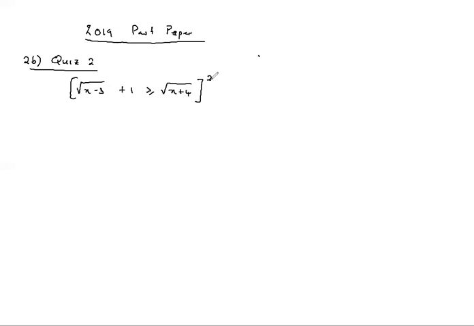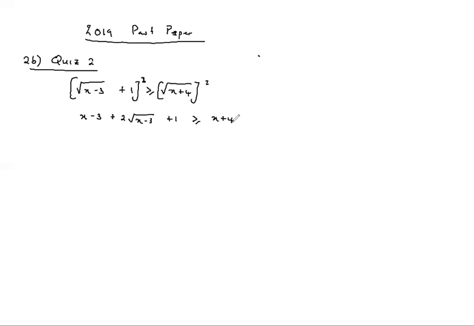So what I mean here is I'm squaring here, I'm squaring there. So I'll get x minus 3 plus 2√(x minus 3) plus 1 must be greater or equal to x plus 4.